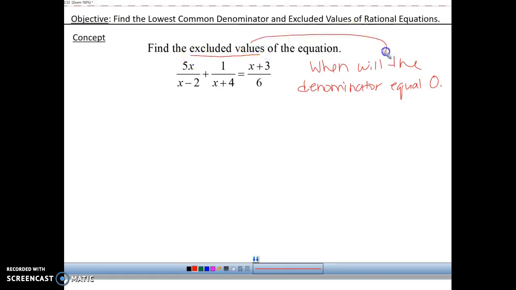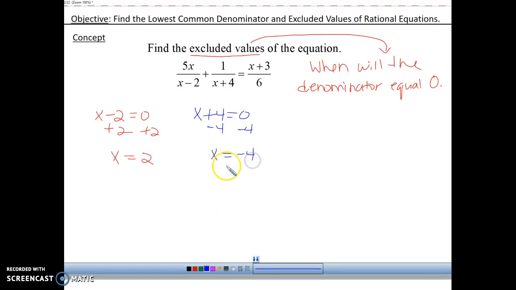So if I check my x minus 2 equals 0, I can add 2 to both sides, so x equals 2 would be an excluded value. And then if I take my x plus 4 and make that equal to 0, we subtract 4 from each side, so x would equal negative 4, which would be an excluded value.